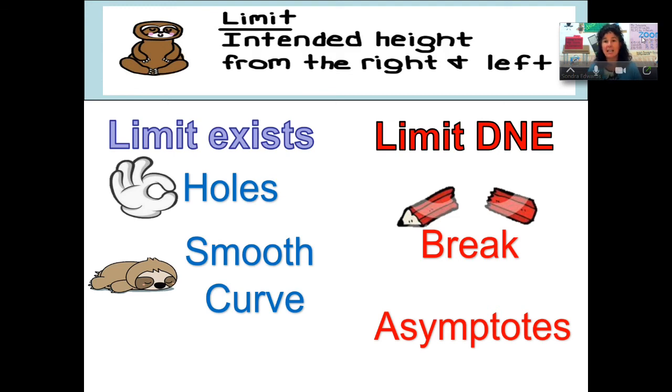But on tonight's assignment, there'll be a couple places where you don't have to have any reasons on any of the problems. But for the ones where the limit doesn't exist, you're going to give the sloth reason. And so the sloth reason, if the limit does not exist, might just be because there's a break in the function at that x value, or because there's an asymptote at that value.